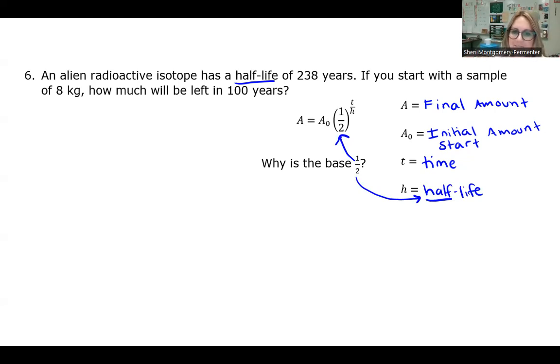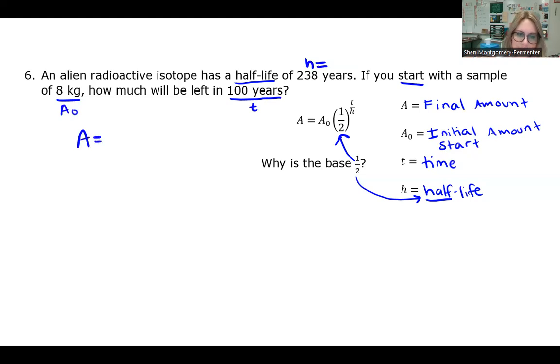So it says a half-life of 238 years. Well, that is H. Next, it says that you start with 8 kilograms. So if you start, that's A sub 0. How much will be left in 100 years? So what is 100 years? Time. So I'm going to plug all this in.